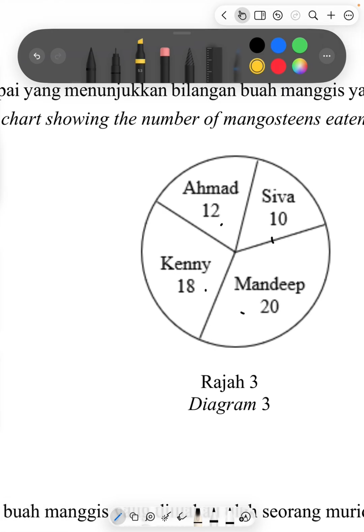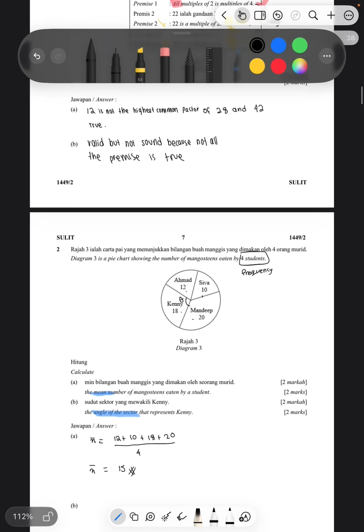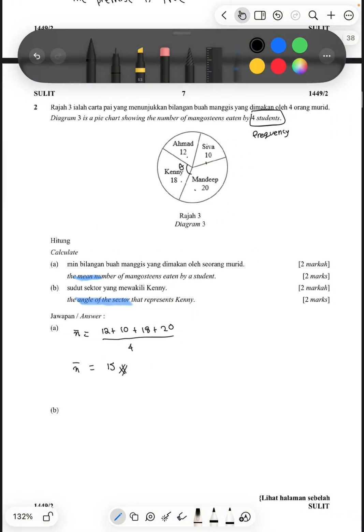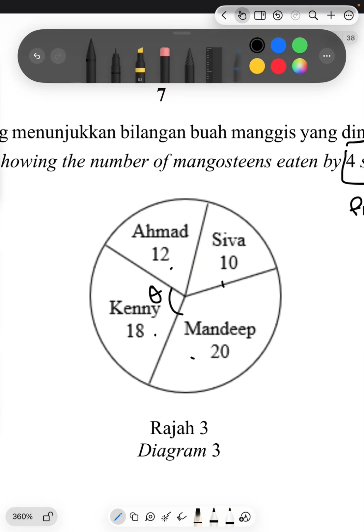And now they want the angle of the sector that represents Kenny. They want to know that theta. As simple as this: the whole thing, a circle, is equal to 360 degrees.